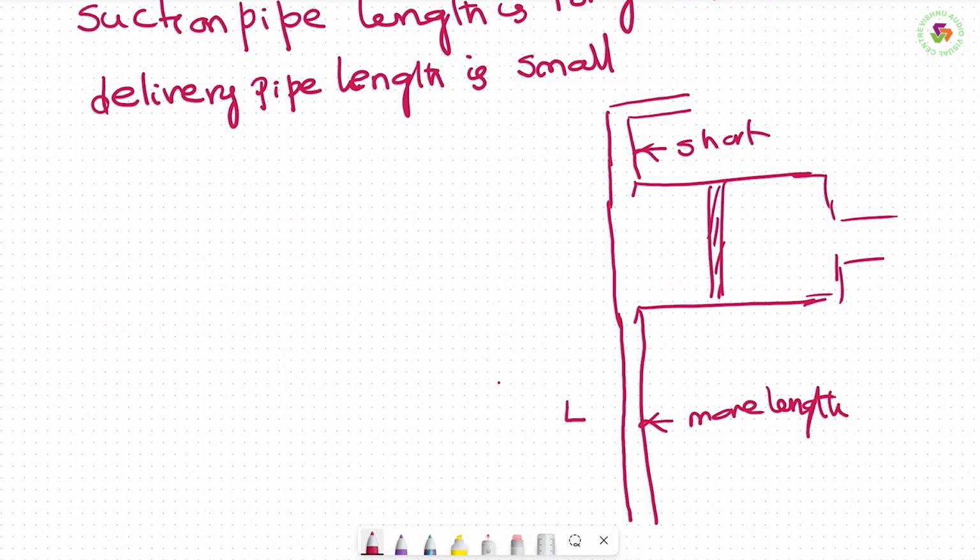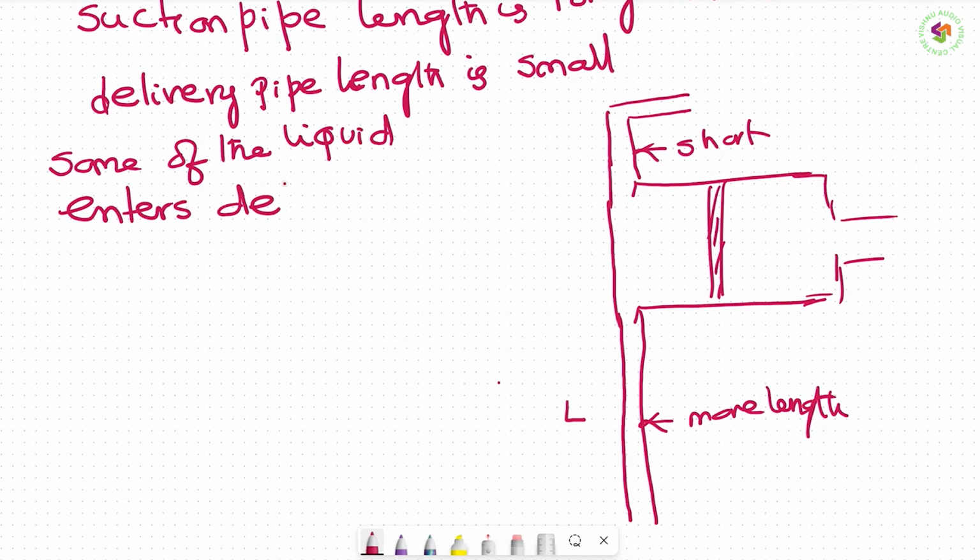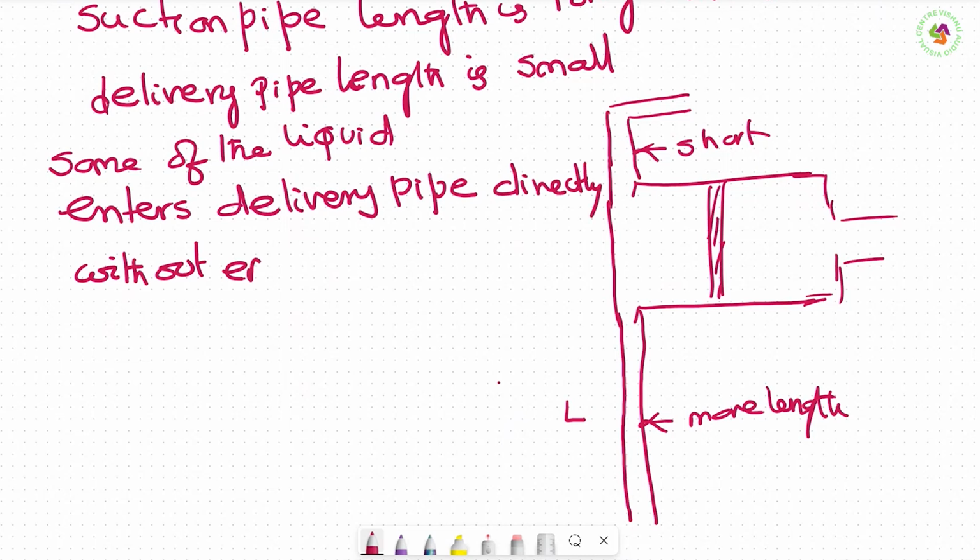So it goes straight into the delivery pipe rather than entering the cylinder.